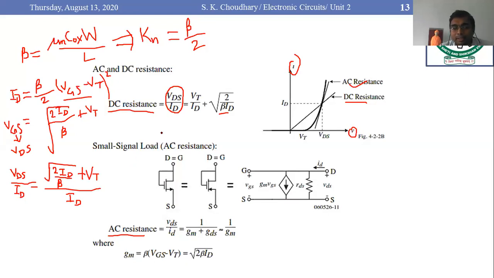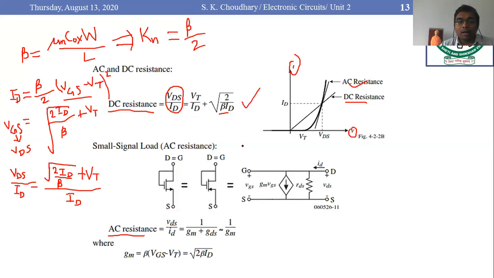So now you can easily know how this formula came. When you explore this term, it is VT upon ID plus the square root of twice ID upon beta, upon ID. So it would finally become the square root of 2 upon beta times ID. So in this way, we have found the DC resistance.